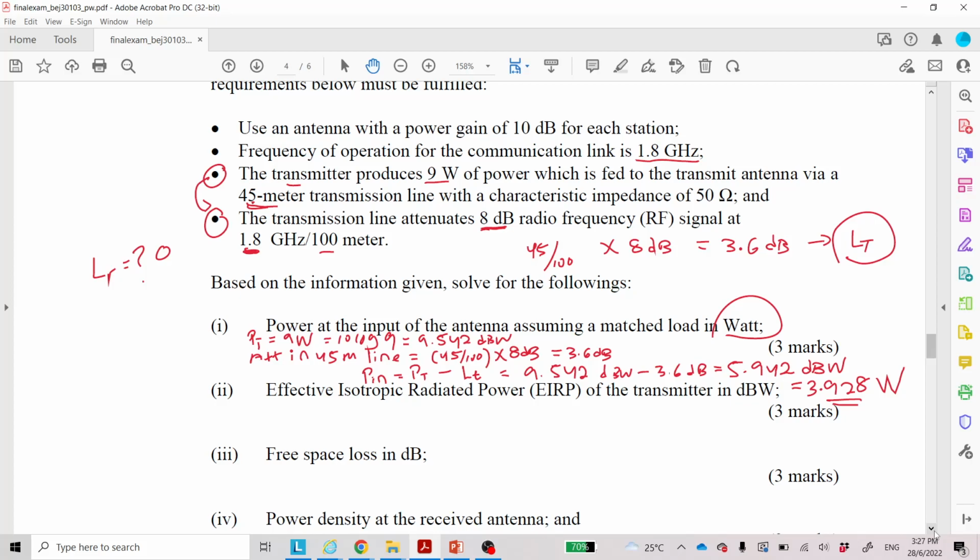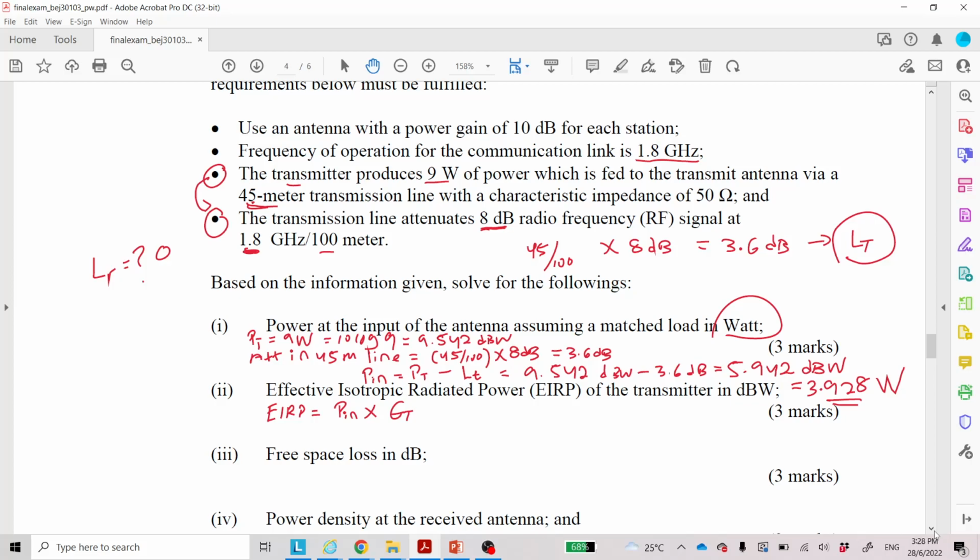So P input to the antenna, we consider power from the transmitter minus the losses in the transmission line. Then it will arrive at the antenna. And then EIRP that we have learned previously, EIRP is equal to P in multiplied with GT.